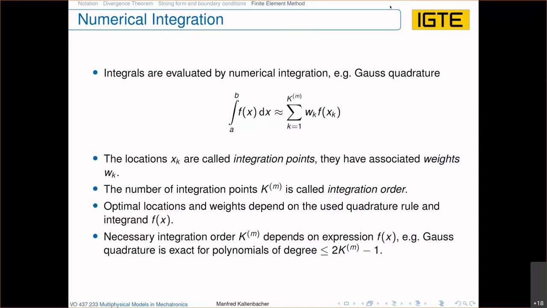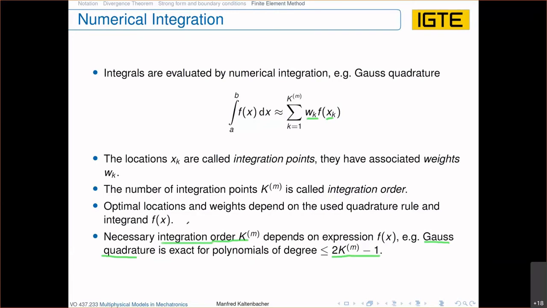And that is shown here. What we actually will use is Gauss integration. Gauss integration rules have the weighting function and special positions where we evaluate. And as you can see here, for the Gauss quadrature we even do an exact integration of polynomials which have a degree smaller than 2 times km minus 1, where km is the integration order.